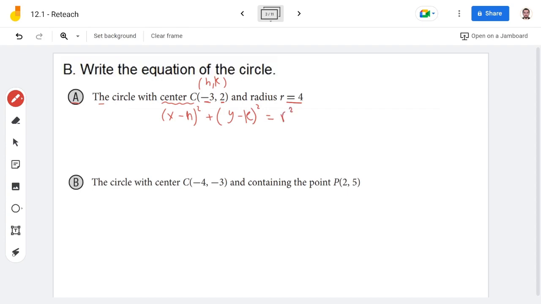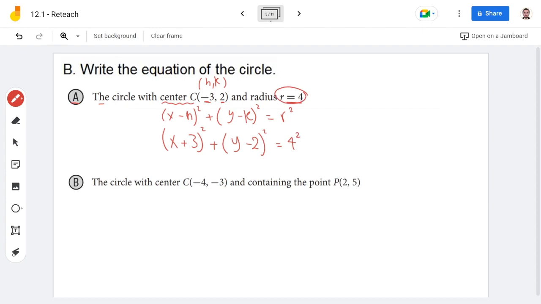Now let's substitute h. Because it's -3, it will be x plus 3, plus y. This one is positive, so it will be y minus 2, squared, which equals r. The radius is 4, squared, 4 to the power of 2.